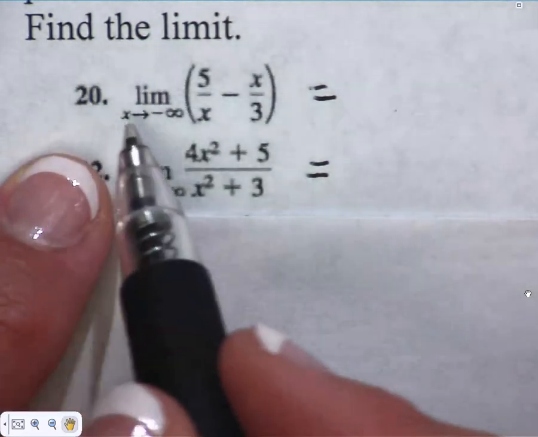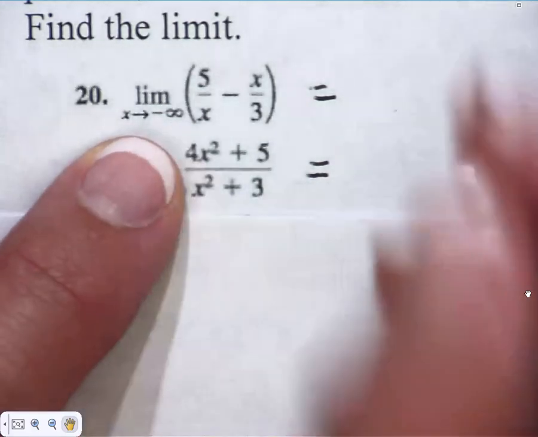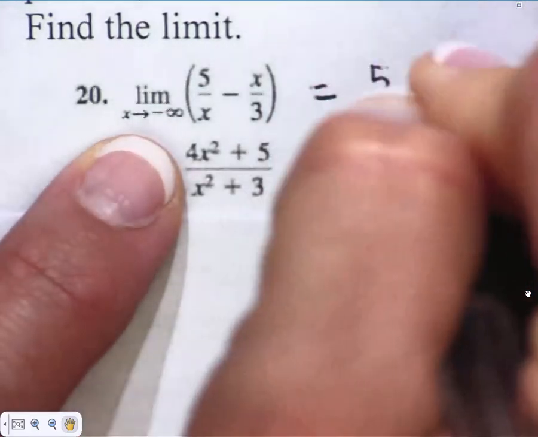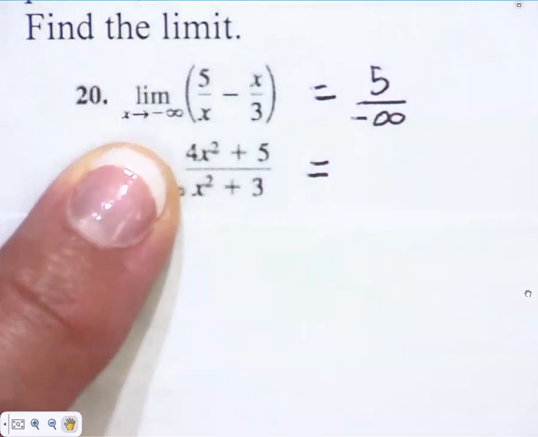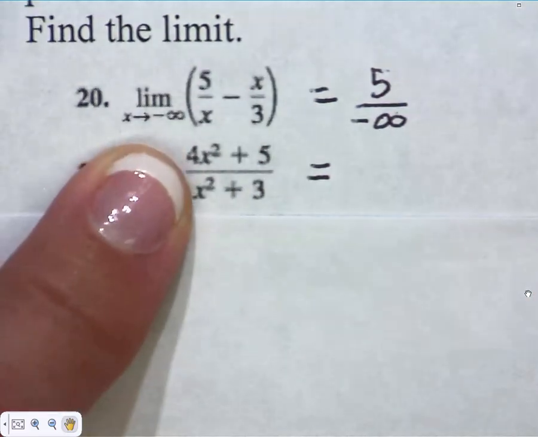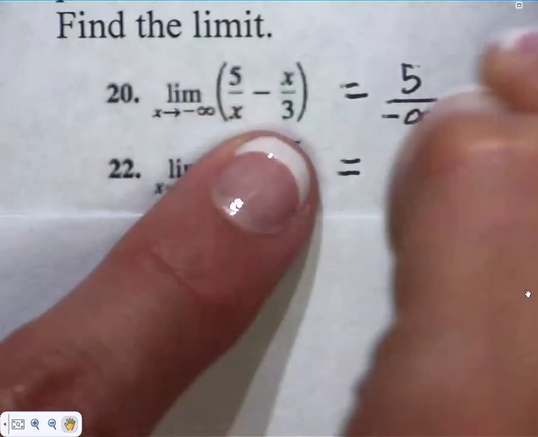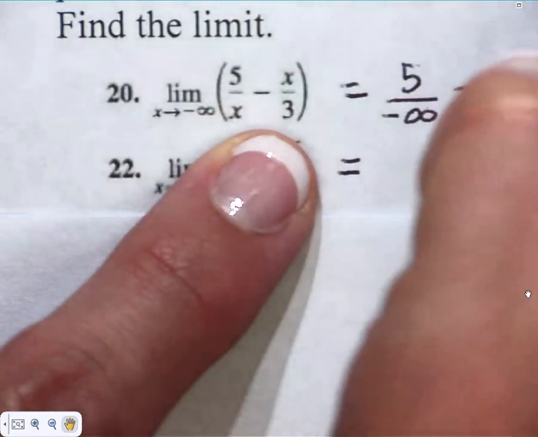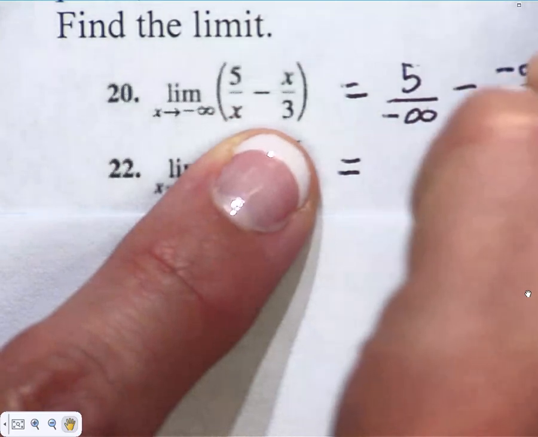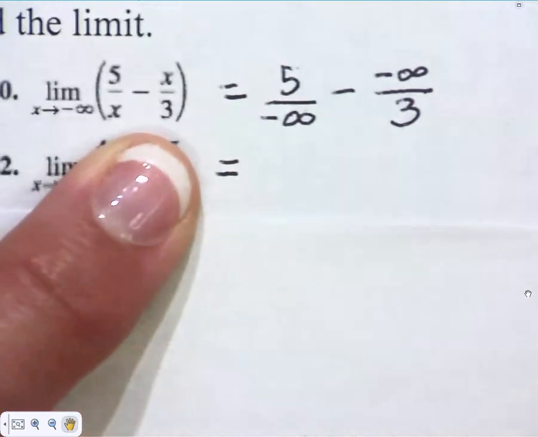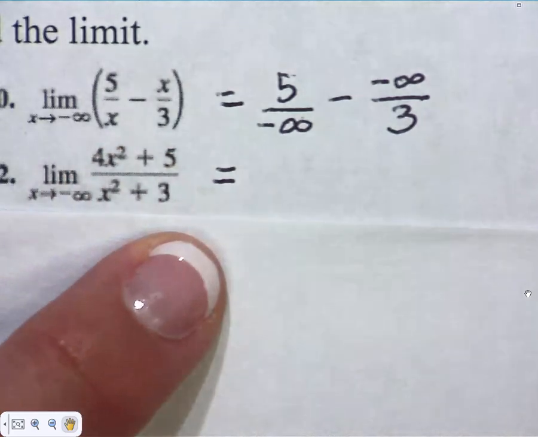If I let x go to negative infinity, I'm going to write 5 over negative infinity, although you will never see that in a math book because it's not technically precise. And I'm going to say minus negative infinity over 3, but you will never see that in a math book because it's not technically precise.